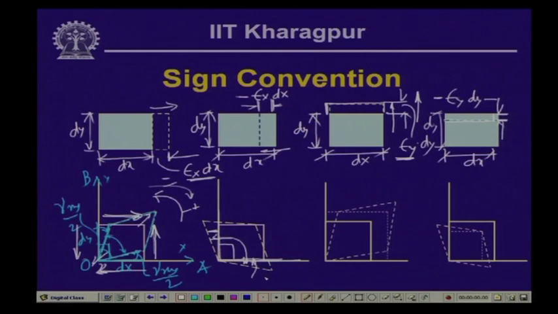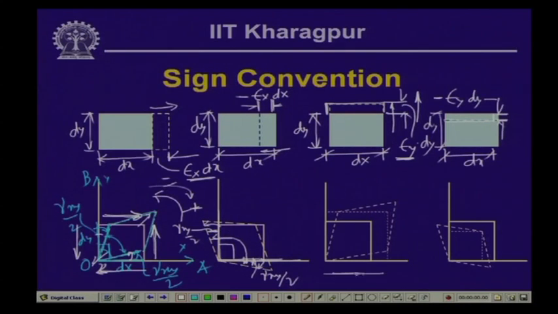So, this is again gamma xy by 2 and this is gamma xy by 2. Now, please note that in the previous case this movement was in an anti-clockwise direction, in this particular figure it is in a clockwise direction, and here it was in a clockwise direction, here it is in an anti-clockwise direction. So, anti-clockwise movement in the Mohr circle we will consider as positive as before, and clockwise direction we will consider as negative as before.